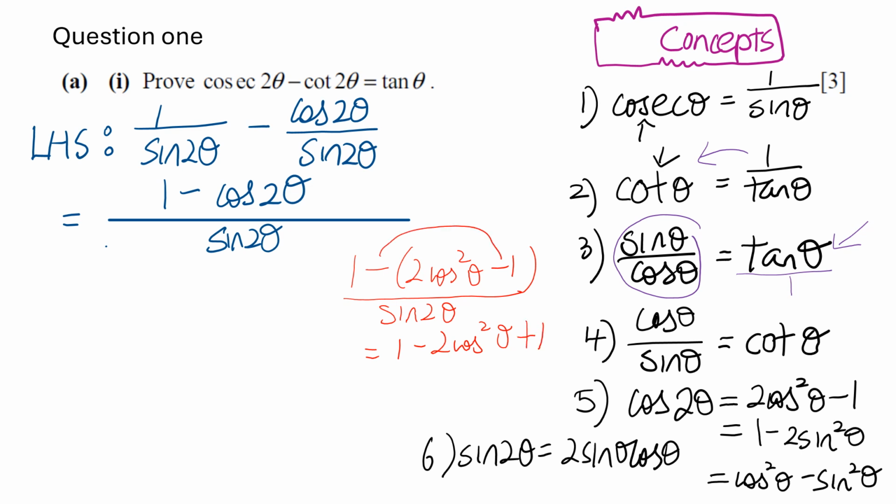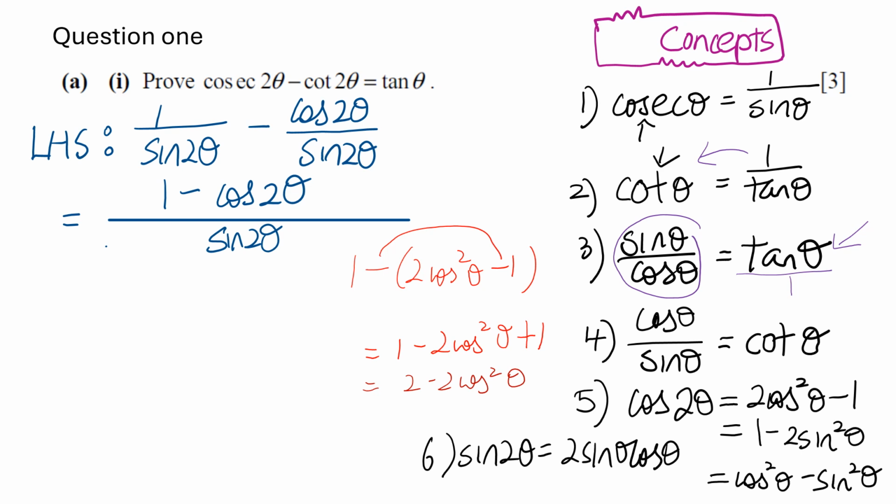And you see that, okay, I'm just going to leave my denominator untouched first. If I simplify it further, I have 2 minus 2 cos squared theta. And that doesn't help me. Because what I want is, when I substitute my cos 2 theta, it will make the term simpler.